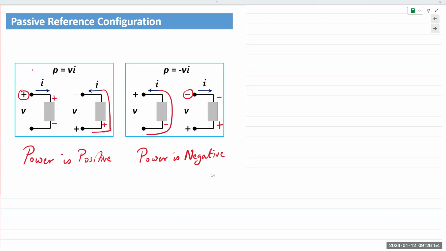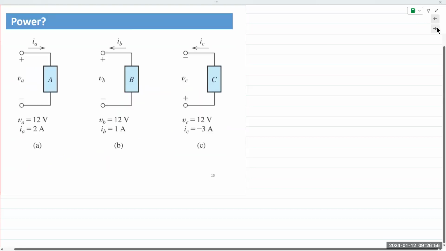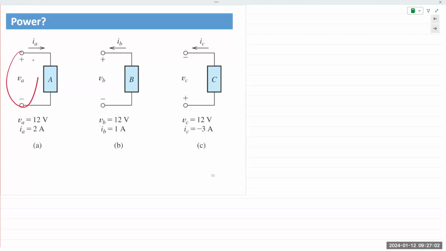All right, moving on. So examples right here, we are given voltages VA, VB, and VC, and we are also given the three current directions, IA, IB, and IC. So in the first one, IA is entering the positive terminal.